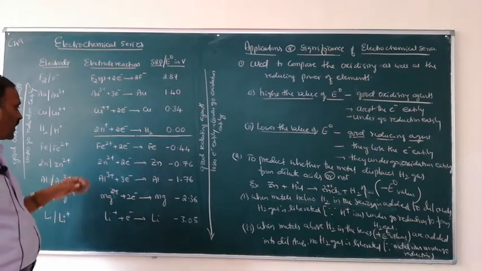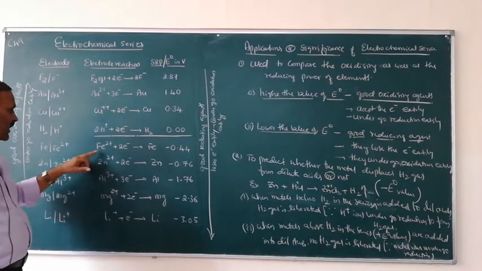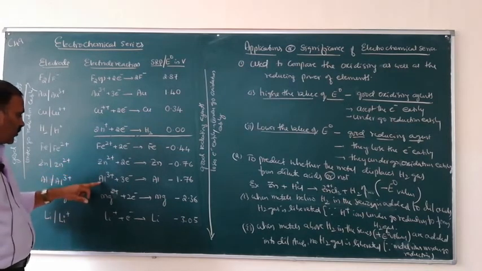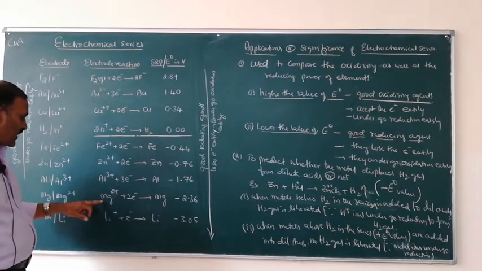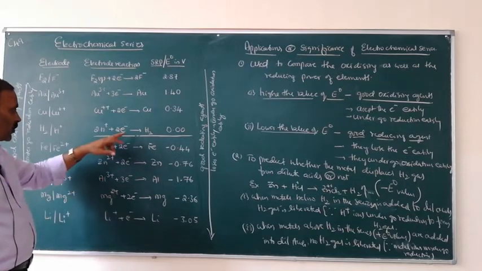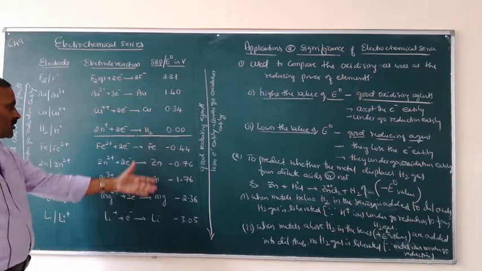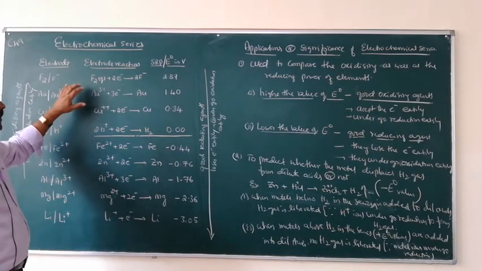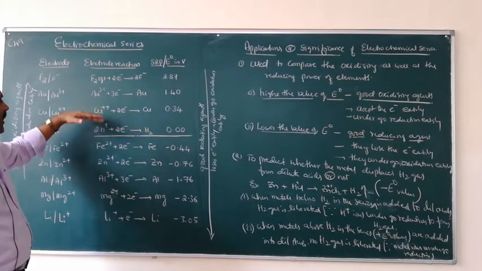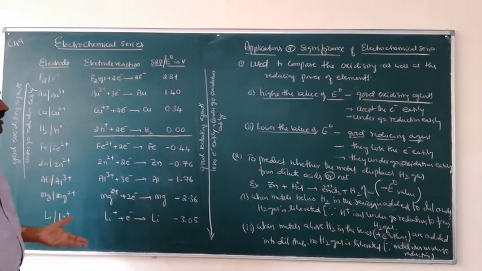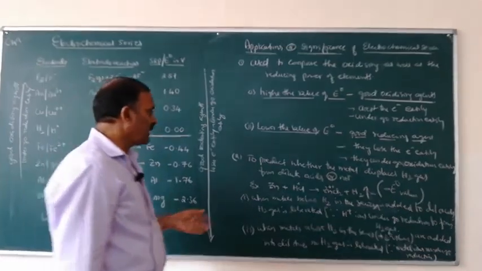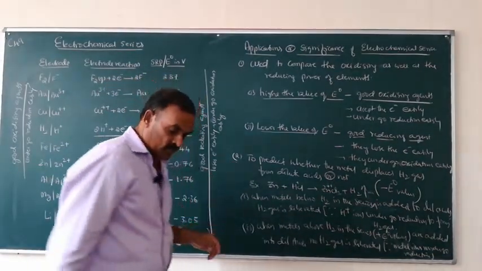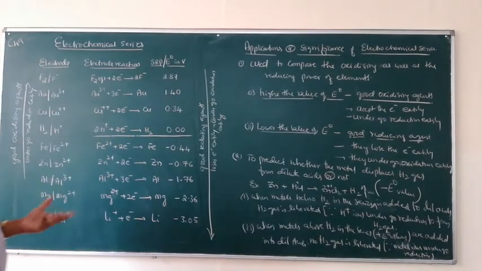Say for example, when iron is added, zinc is added, aluminum is added, magnesium is added, lithium is added into dilute acids, hydrogen gas will be liberated. On the other hand, if copper, gold, etc. are added, hydrogen gas is not liberated. So this is the second application to predict whether a metal displaces hydrogen from dilute acids or not.